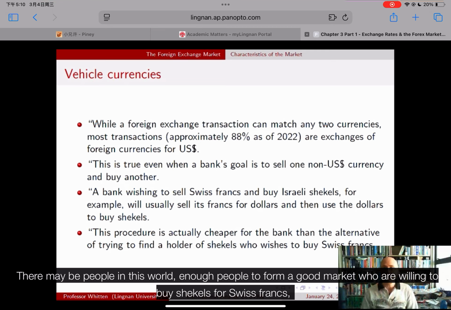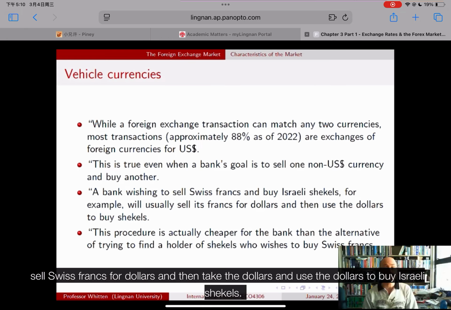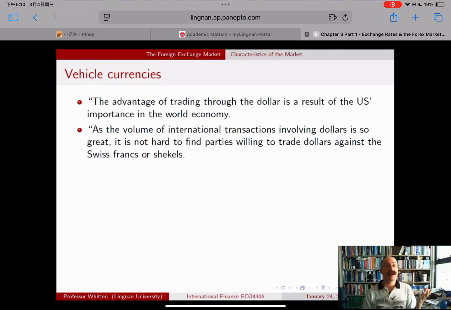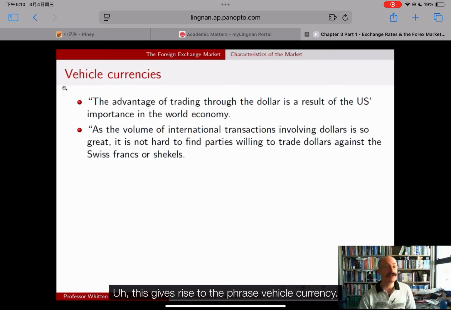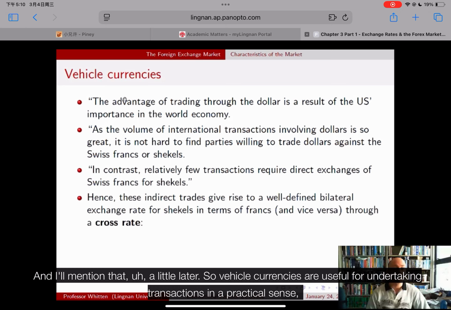There may be people in this world, enough people to form a good market, who are willing to buy shekels for Swiss francs and vice versa, but there really aren't many. And it is often easier for a bank just to, let's say, sell Swiss francs for dollars, and then take the dollars and use the dollars to buy Israeli shekels. This gives rise to the phrase vehicle currency, and I'll mention that a little later.